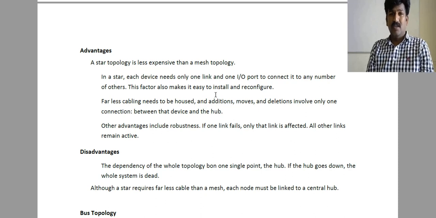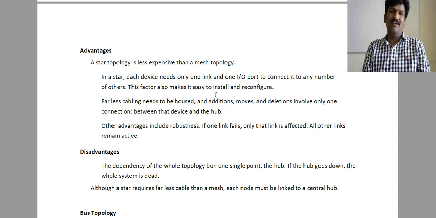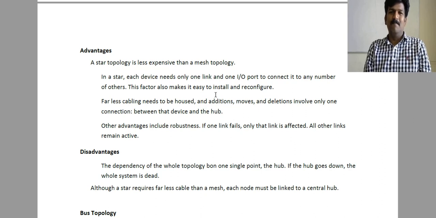And also, when only one link is needed to communicate among all the computers through the central hub, by default cabling is reduced. And it's very easy to add and delete computers. Simply adding a computer to the central hub is enough, and deleting a computer from the central hub is enough. And it also has robustness.